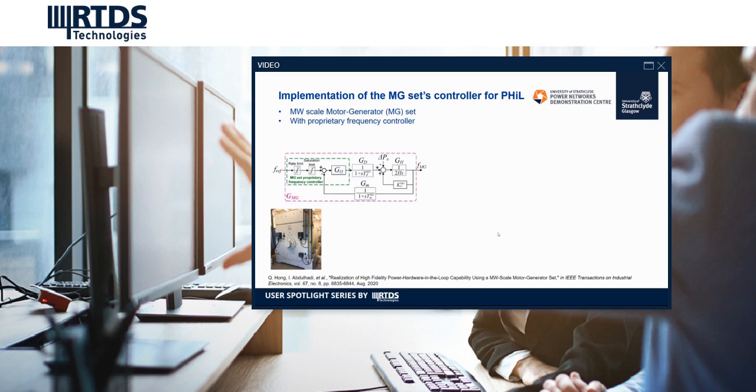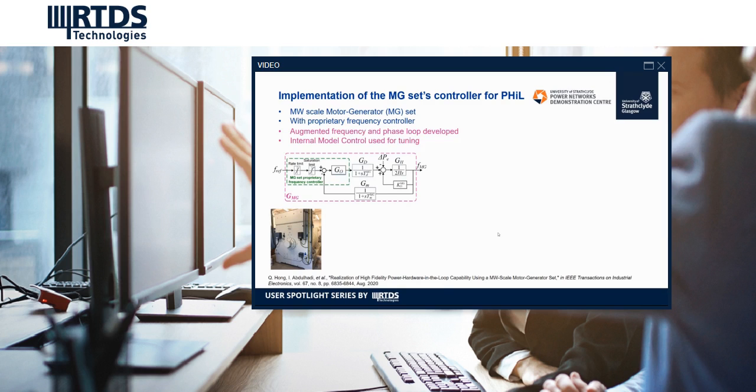This frequency controller has relatively poor frequency tracking performance. It's not ideal for power hardware in the loop, and it does not provide any phase tracking at all, as required by the synchronization. And we cannot easily make any changes to this controller because it's shipped from the manufacturer and built into the system.